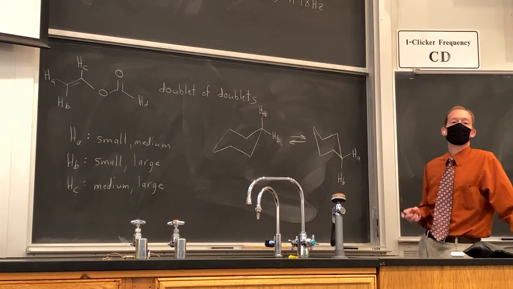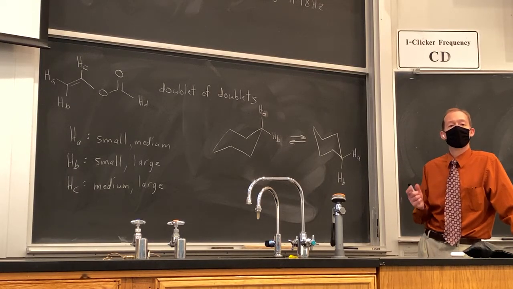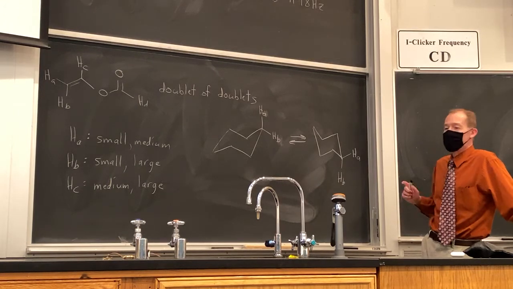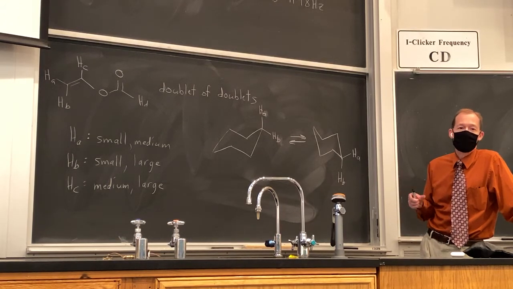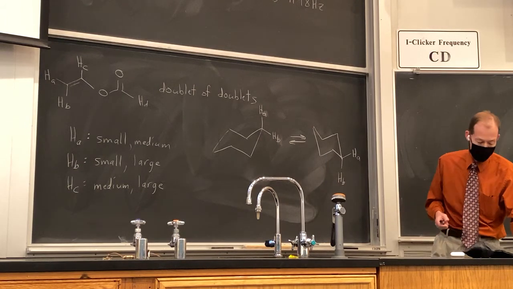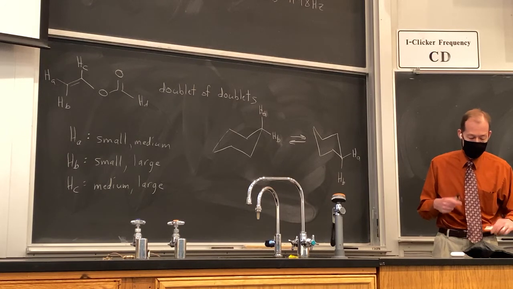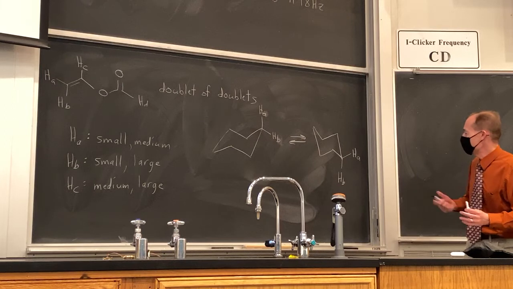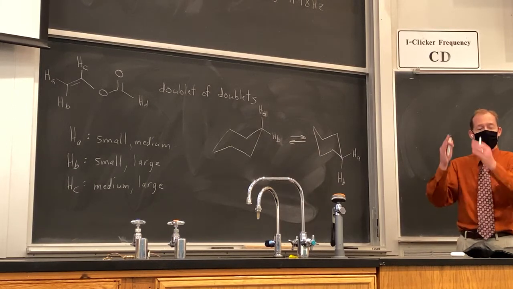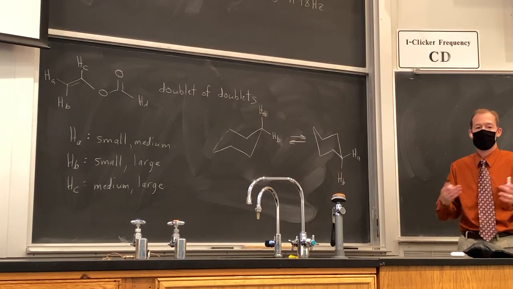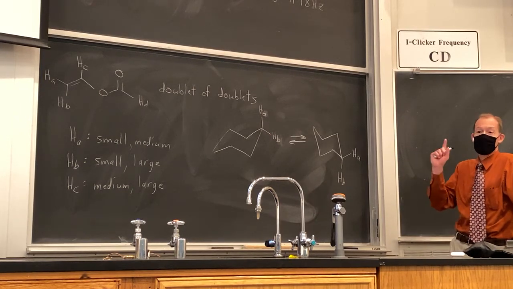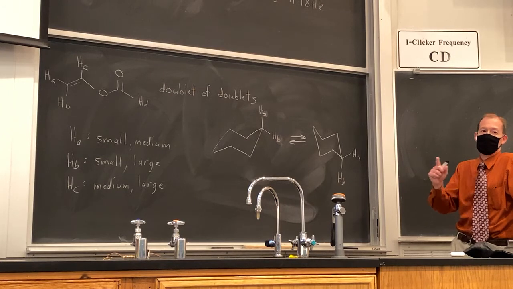So the two different hydrogens of cyclohexane are rapidly exchanging with each other. And this rapid exchange prevents us from differentiating them in the proton NMR. So whenever you have hydrogens that are rapidly interconverting or exchanging with each other, those are going to appear as a single signal in the proton NMR. We're not going to be able to distinguish between them. So in cyclohexane, we'll just see 1 singlet in the proton NMR.